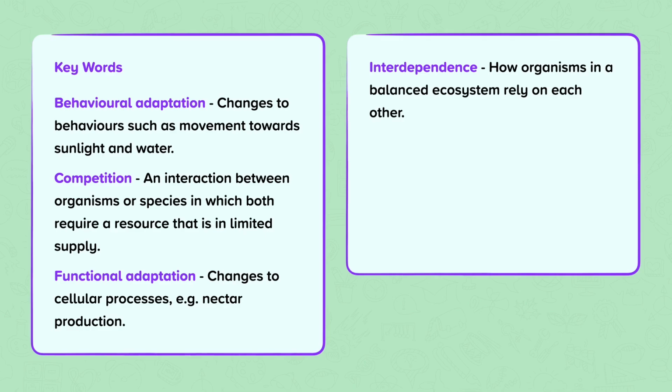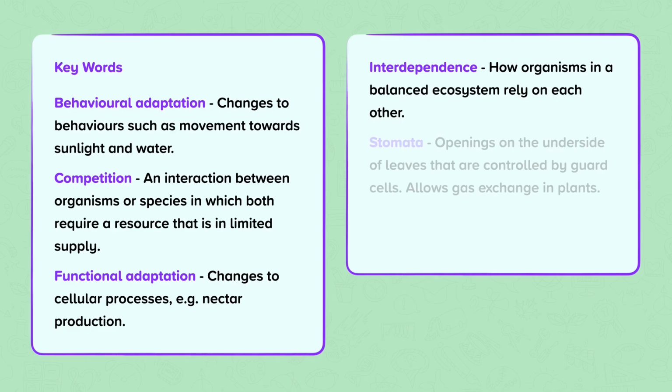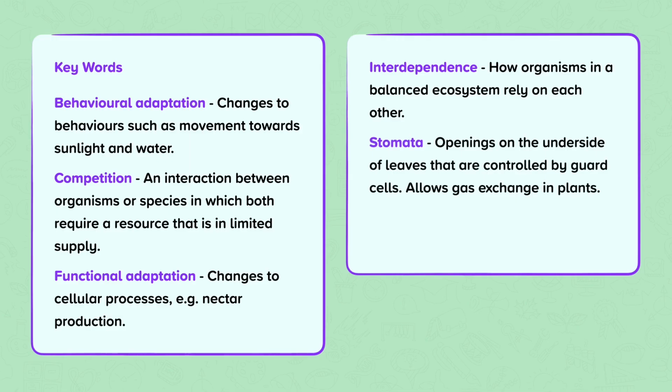Interdependence, how organisms in a balanced ecosystem rely on each other. Stomata, openings on the underside of leaves that are controlled by guard cells, allows gas exchange in plants. Structural adaptation, physical changes such as colour or shape.